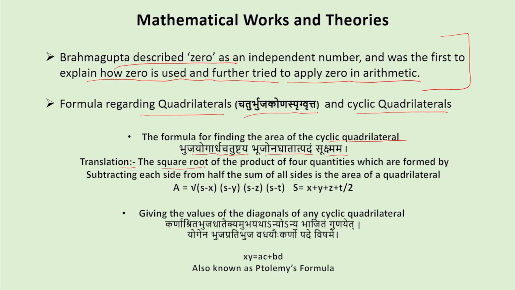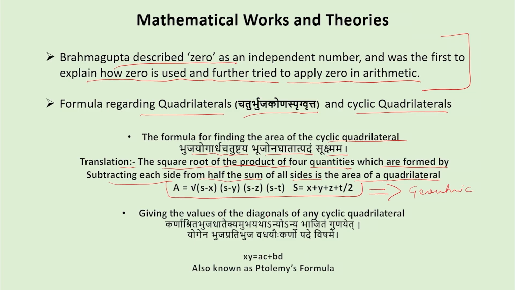The translation is: the square root of the product of four quantities, formed by subtracting each side from half the sum of all sides, is the area of the quadrilateral. This formula is important for understanding the geometrical understanding of the ancient scholars.